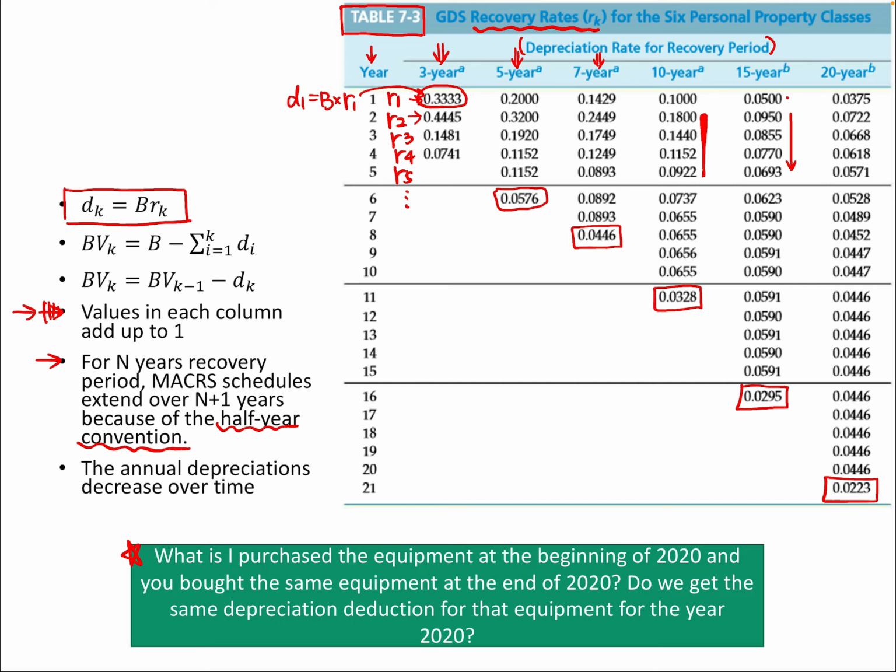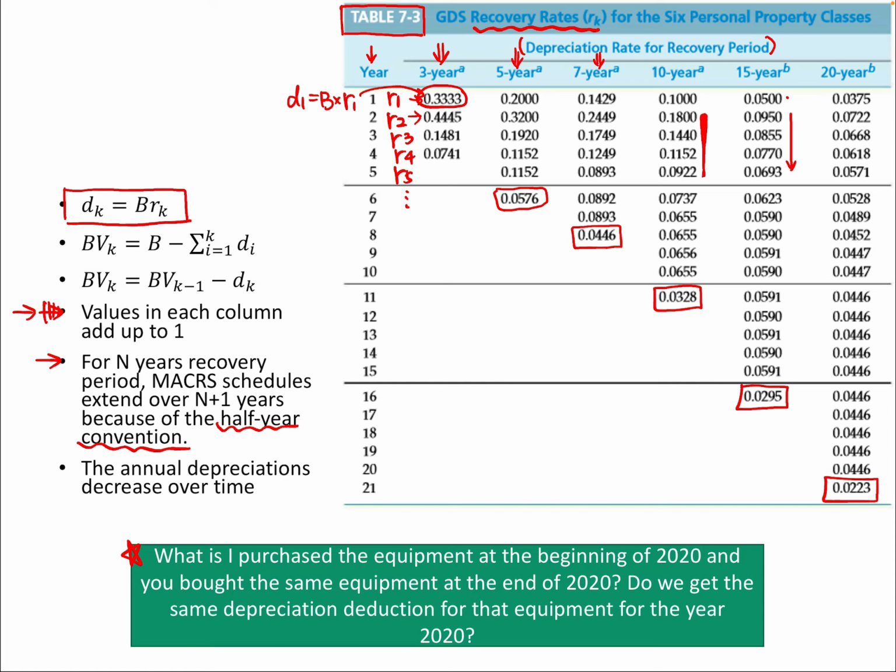So when we talk about the tax, the depreciation deduction for that year, for the business who purchased the equipment at the beginning of that year, that makes sense because he has already used 1 year, and the asset is naturally worn for 1 year, so it would be depreciated for that whole year, right?